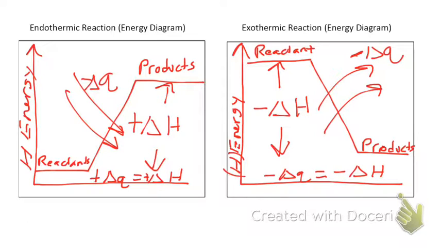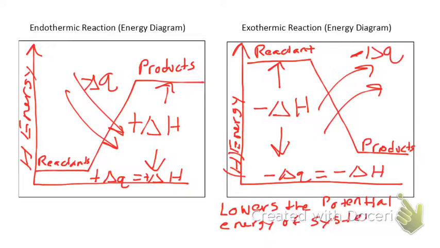So I would finish up with a reminder of that very idea. I'm going to write: exothermic lowers the potential energy of the system, so it's more stable.